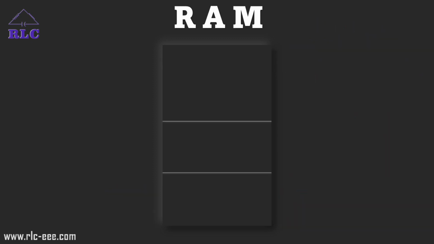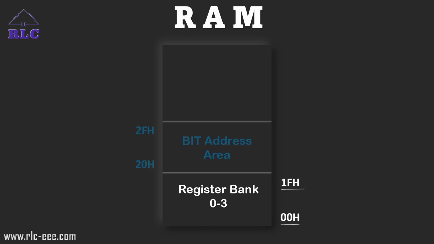These 128 bytes of RAM are organized into 3 different areas. Those 3 areas are the register bank, which starts from 00H to 1FH, then the bit addressable area, which starts from 20H to 2FH, then the general purpose area, which is from 30H to 7FH.